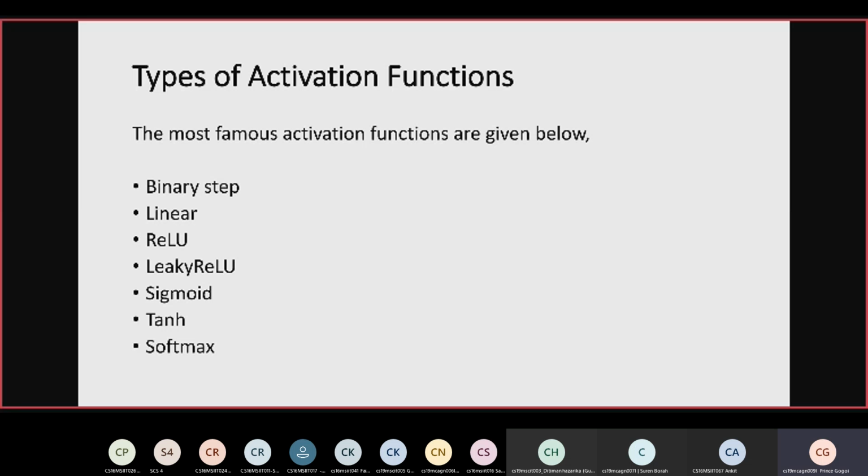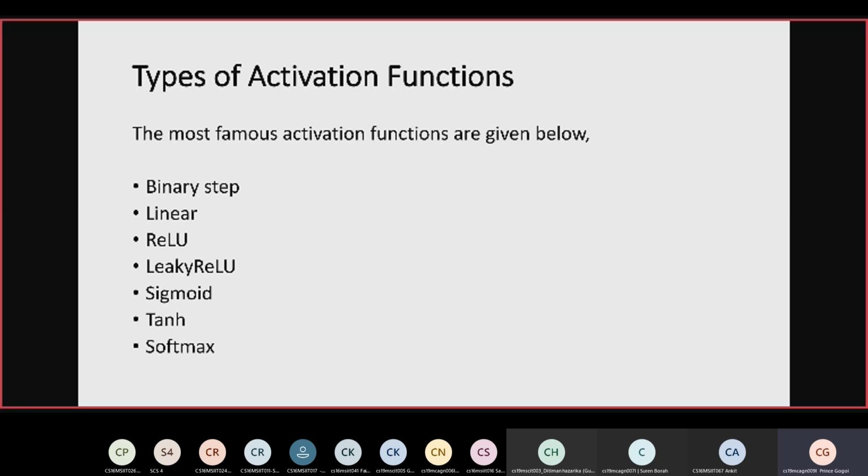Third one is ReLU, rectified linear unit activation function. Rectified linear unit is the most widely used activation function right now, which ranges from 0 to infinity. All the negative values are converted into 0. This conversion rate is so fast that it can neither map nor fit the data properly, which creates a problem.